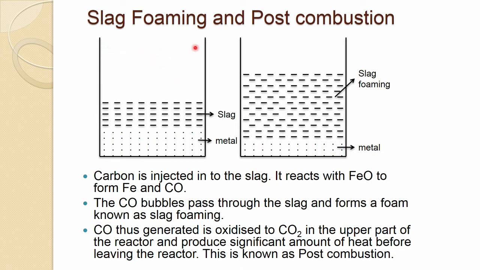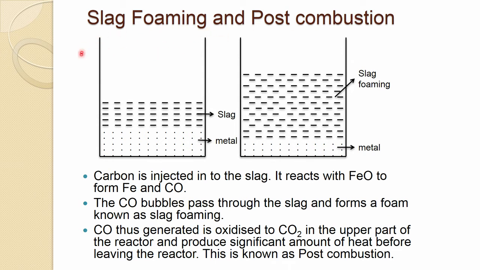So, the heat which is getting produced by burning of CO at the top of the reactor, but inside the reactor, is known as the post combustion. So, in one way you are combusting the gases and utilizing the energy of this to heat up the scrap or matter, any of these things. So, you are utilizing that heat, and that is why it is termed as post combustion.